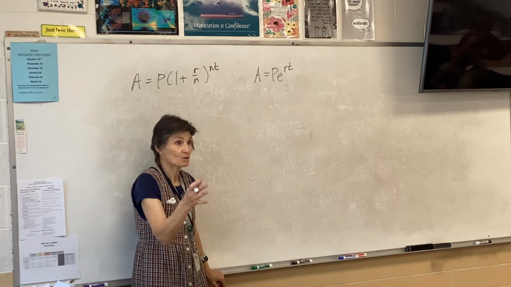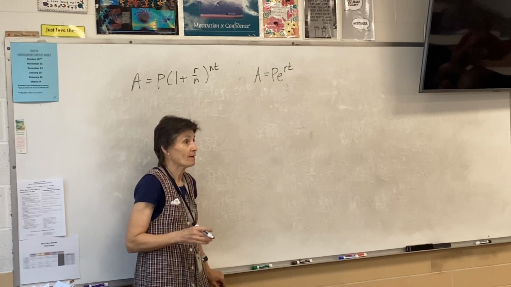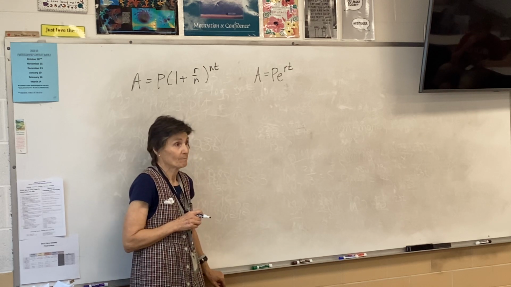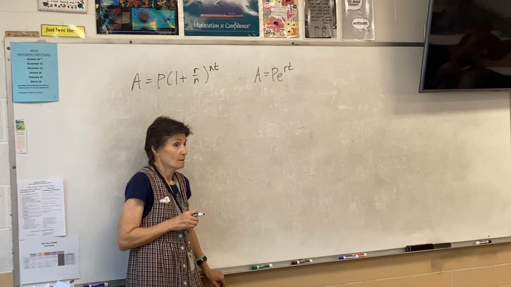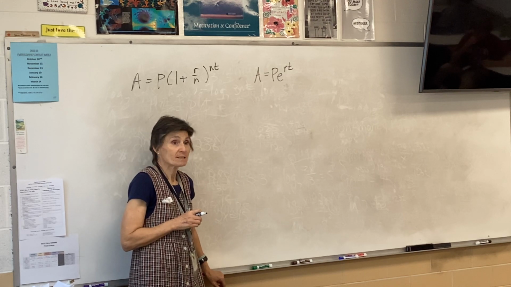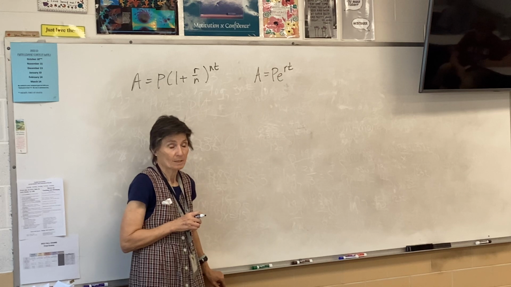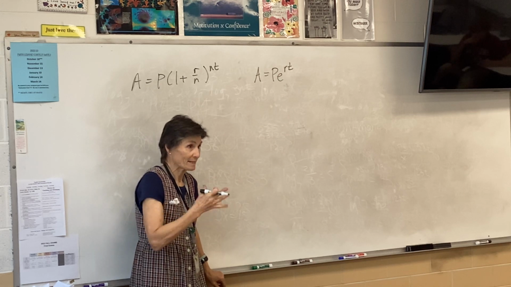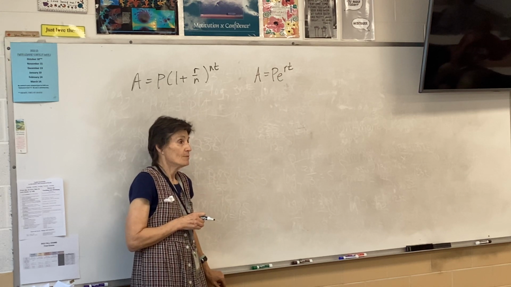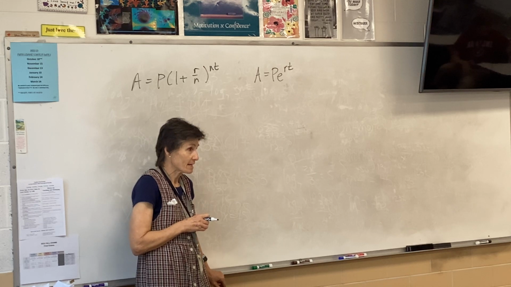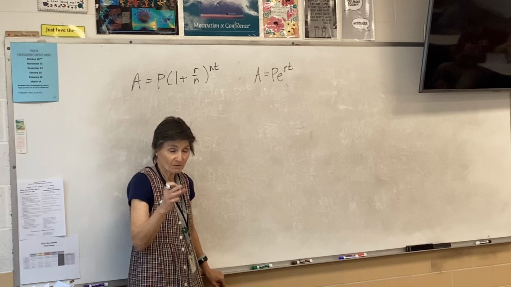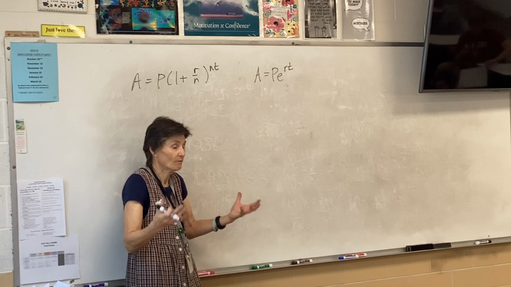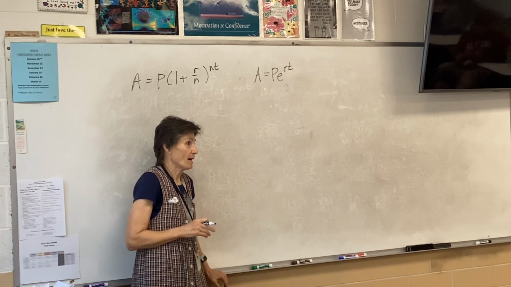We've all taken chemistry. Radioactive elements decompose. They lose their radioactivity over time. The amount of time that it takes for them to lose half of their stuff is called the half-life.